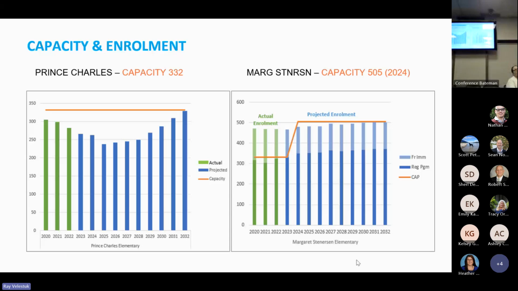The Stennerson catchment currently has a capacity of just over 300, and it's going to have a capacity of 505 after the current capital projects complete, which is in addition to that site, and then we will remain within the capacity of the school with the enrollment.